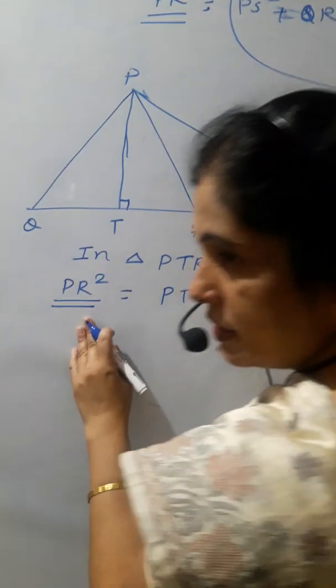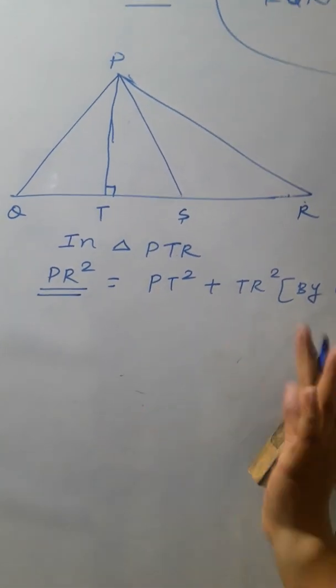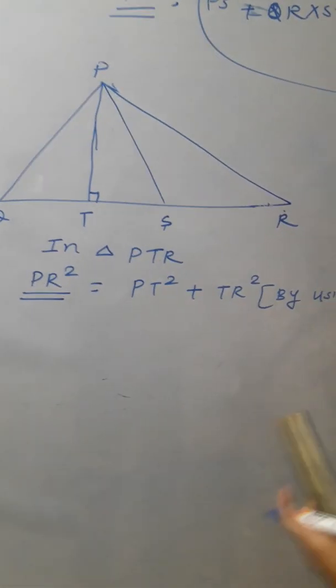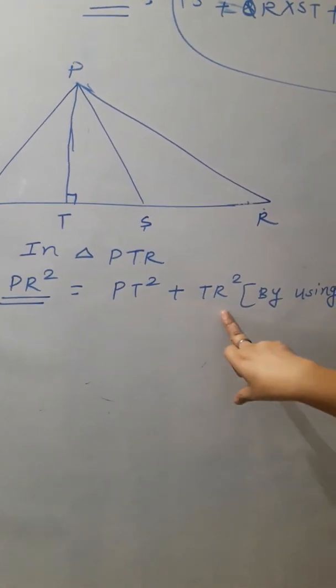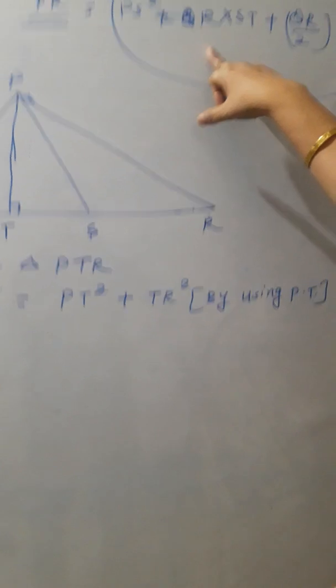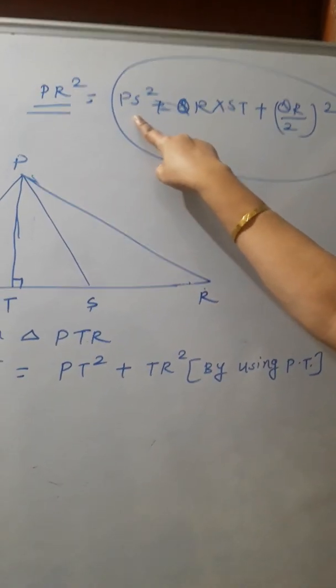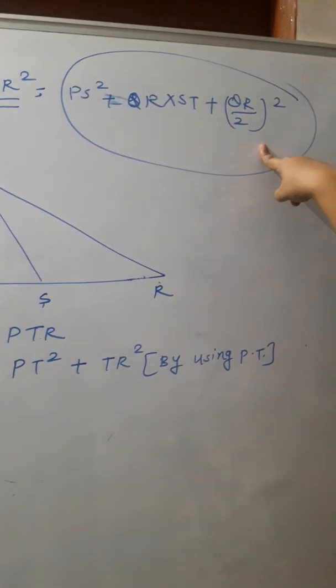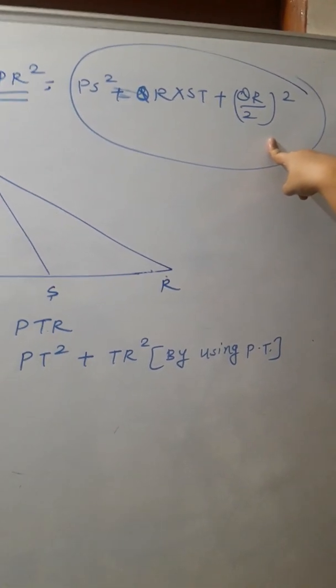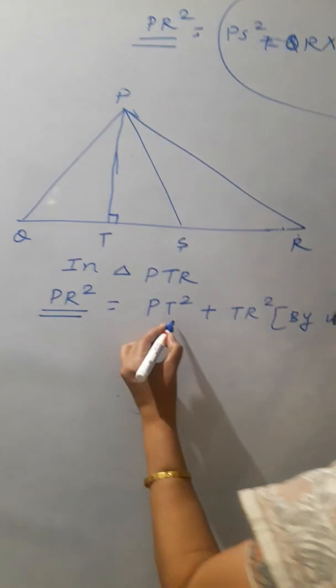Here LHS is PR square. LHS is proved. Now see the RHS. Now what is RHS? It is PT square plus TR square. And RHS, which we have to prove, is PS square plus QR into ST plus QR upon 2 whole square. Now see the PT square.